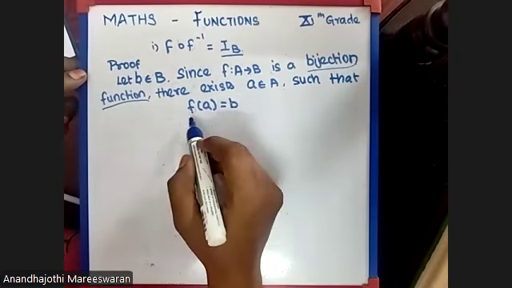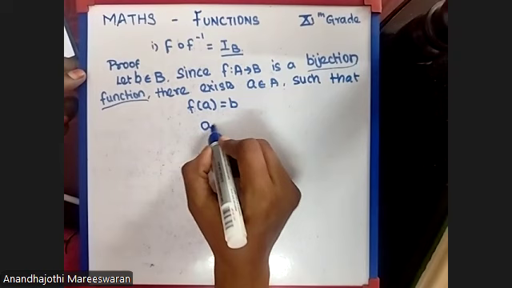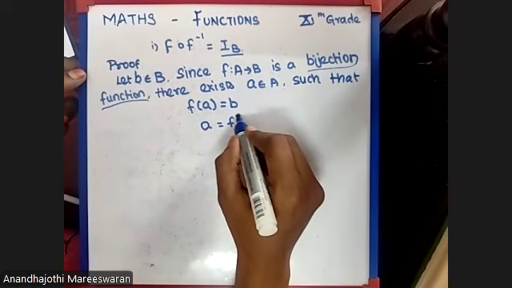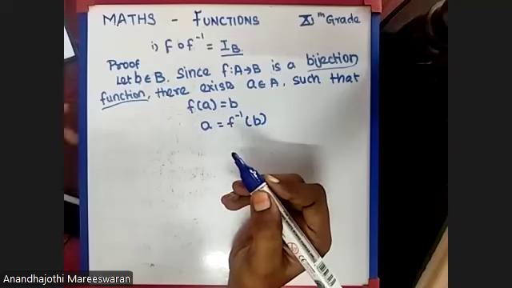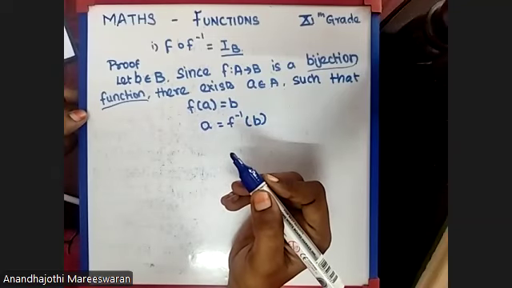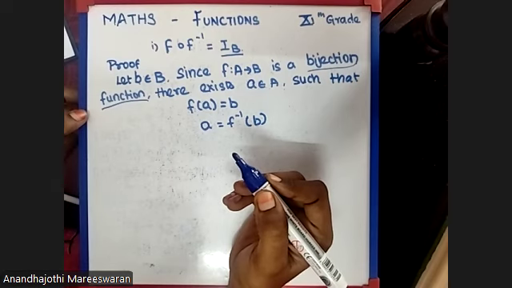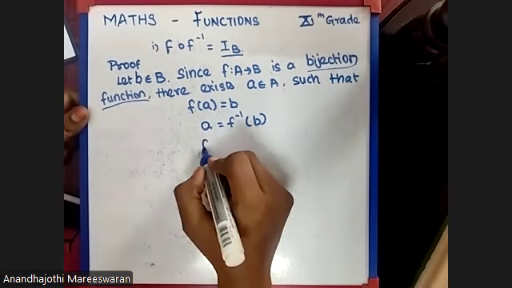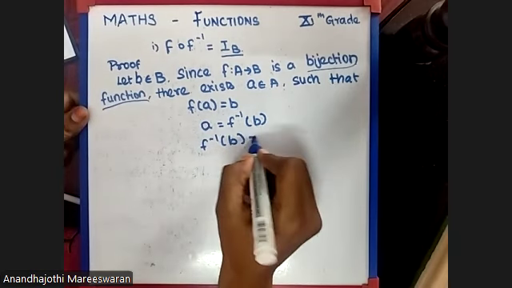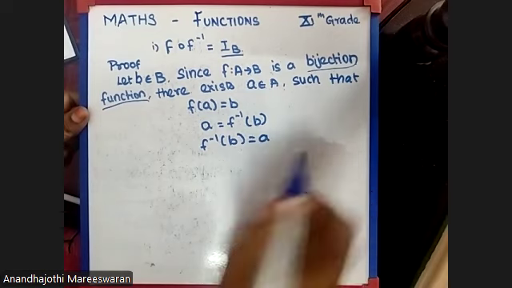Okay. Now I am going to inverse this function. So f inverse of b equals a, right? So we have to rewrite this as f inverse of b equals a, right?